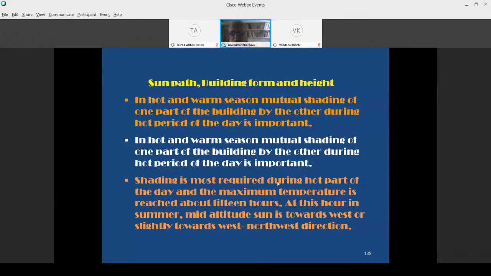And our main objective here should be to take advantage of mutual shading, that one part of the building should shade another part of the building up to the extent possible during high temperature. Is it clear, friends? That should be our objective.